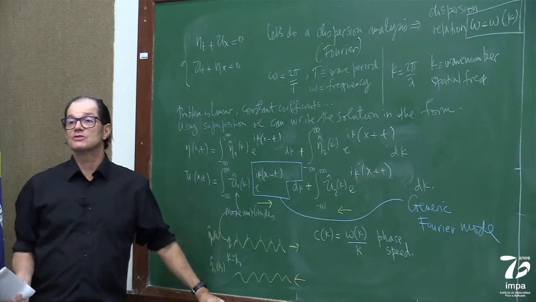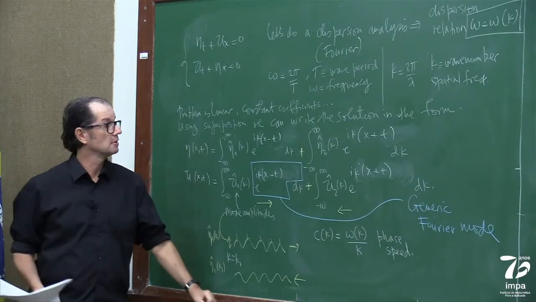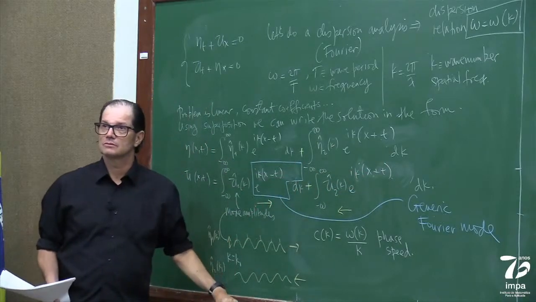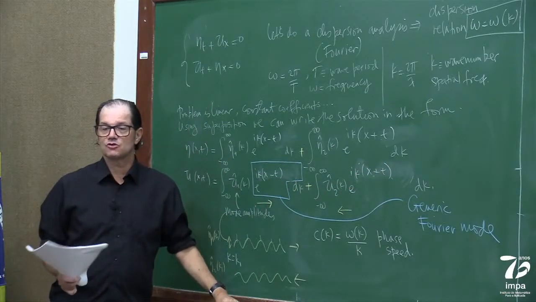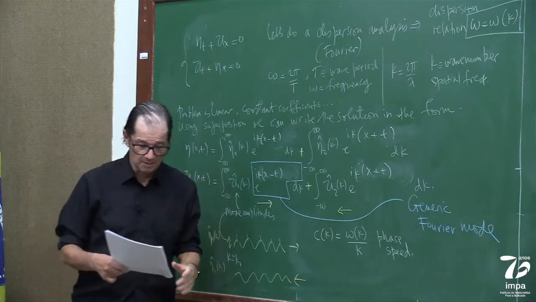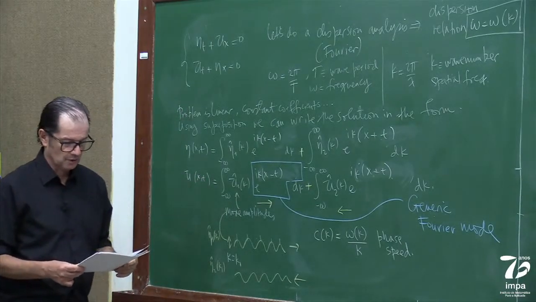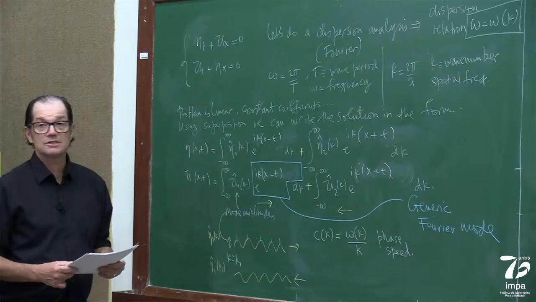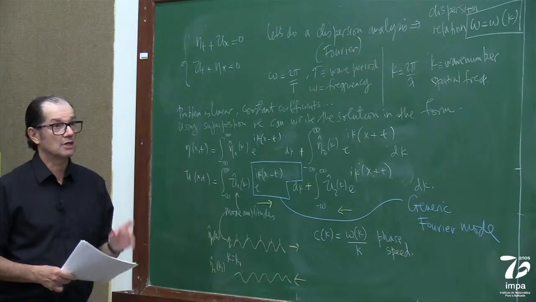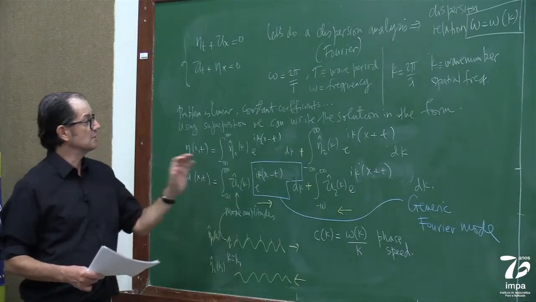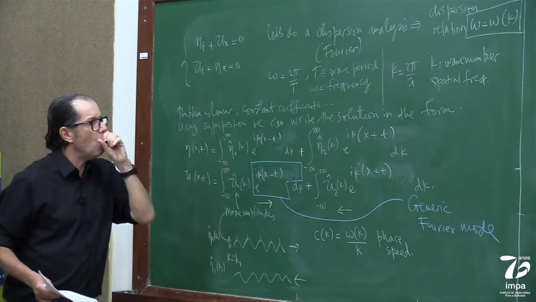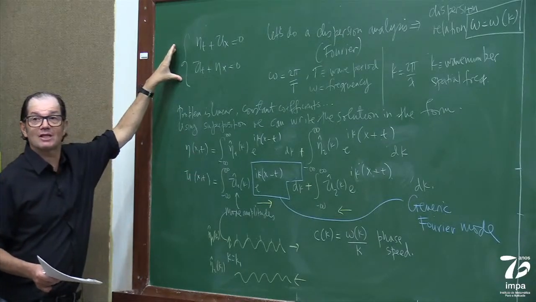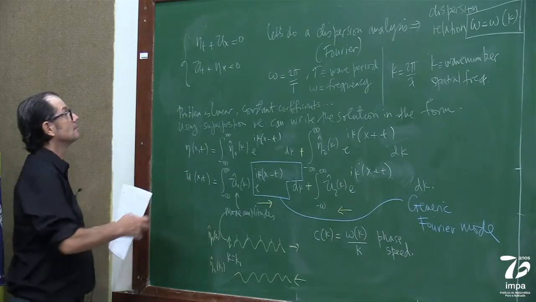I have not imposed yet the initial conditions, which is making this 0, this 0, this 0, this 0. And maybe through the initial conditions I can find these guys. I still have some time, perfect. So this is the Fourier representation of my hyperbolic system.